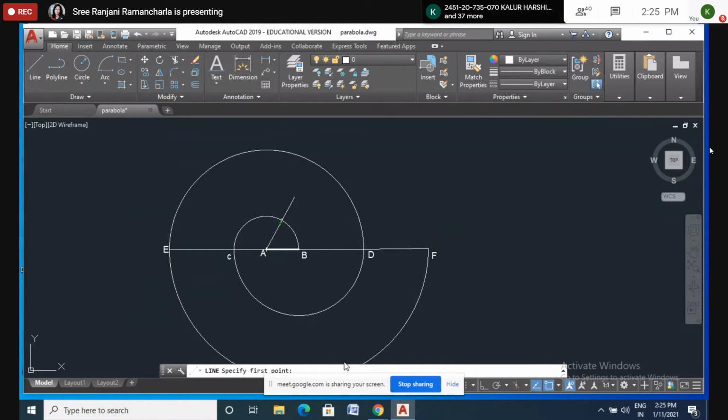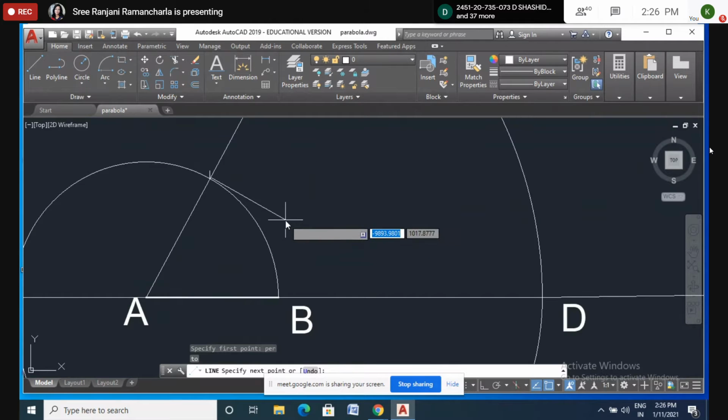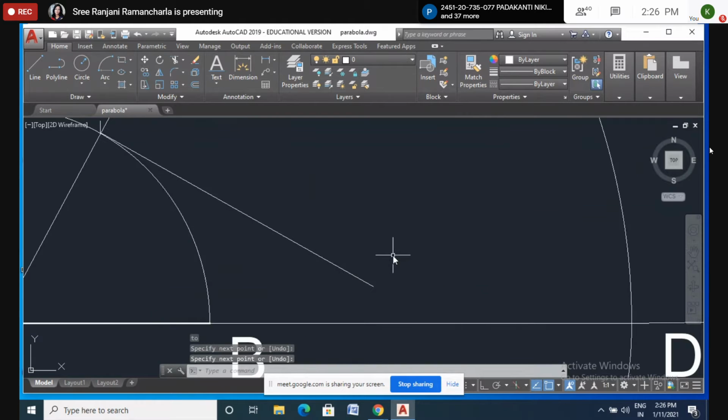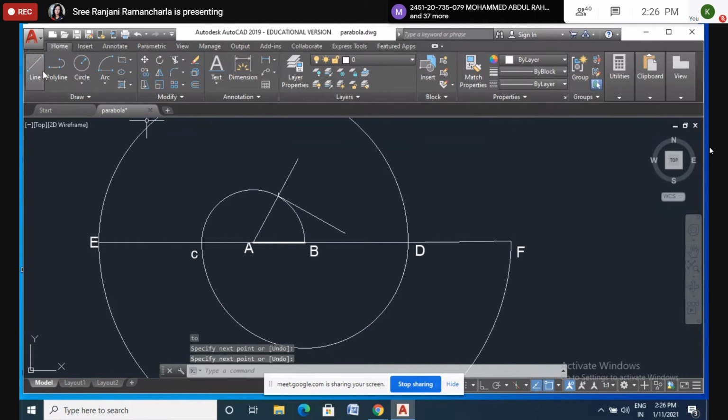So here perpendicular to this line. So here you can see. Okay. So I got a tangent. So I want to extend the tangent. Let's see.